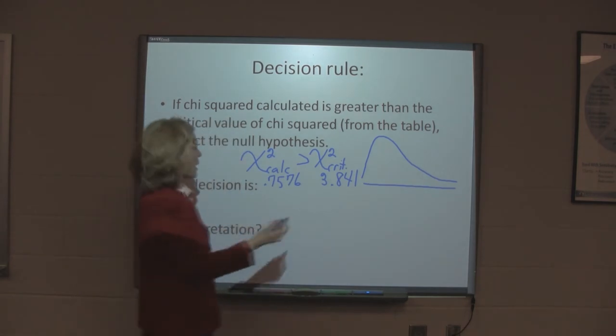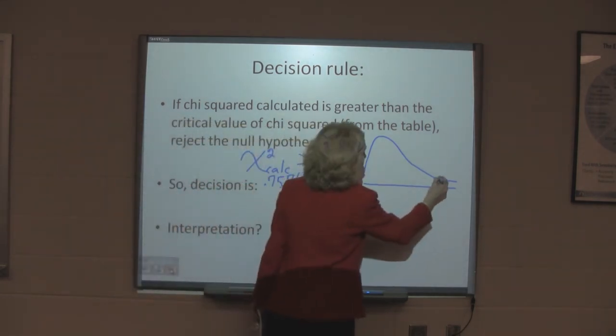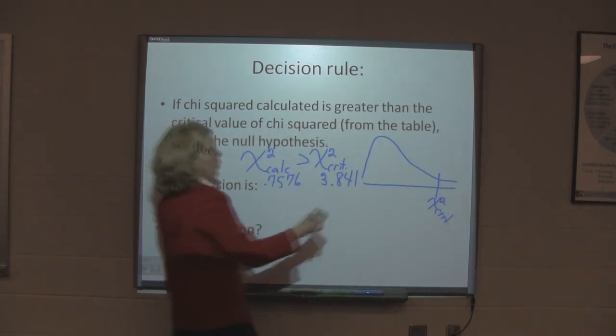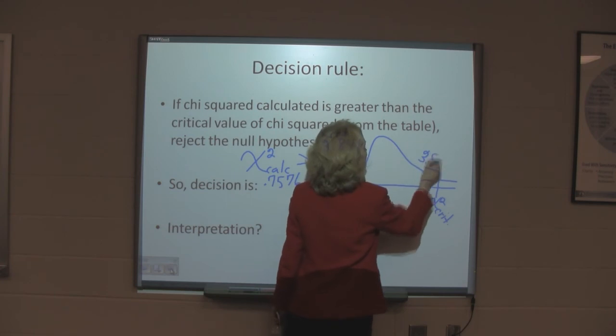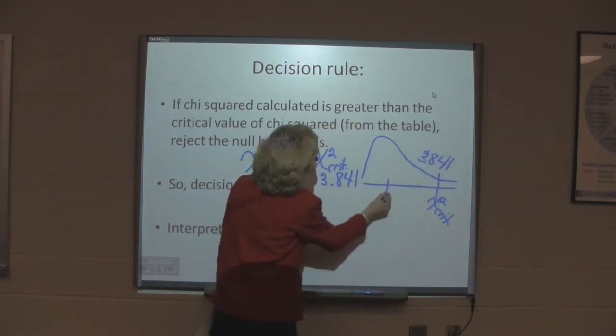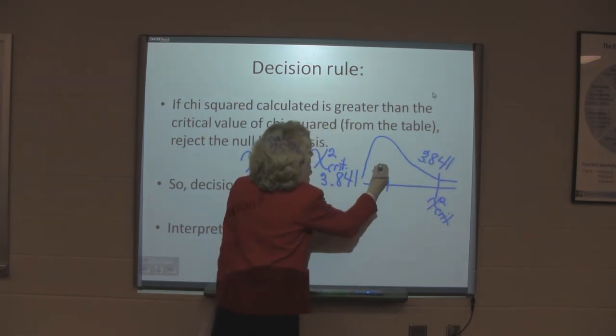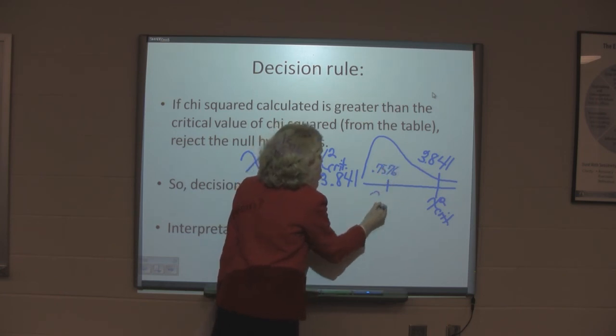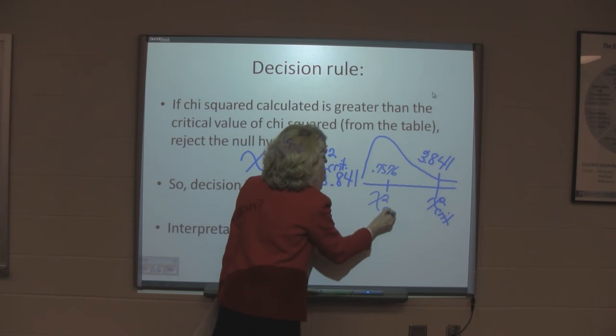Now let's look at that on the distribution. Chi-square looks like this. The critical value is 3.841. So here is 0.7576, which is chi-square calculated.